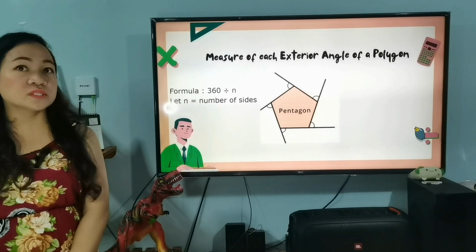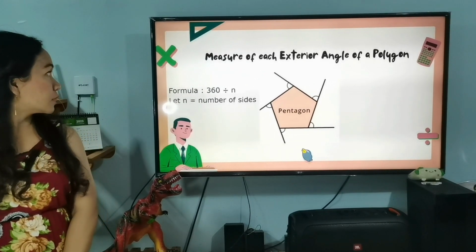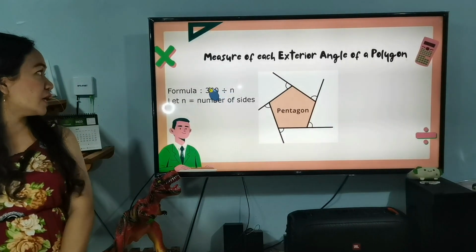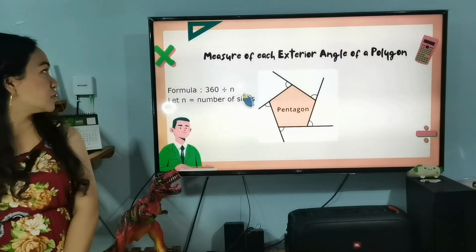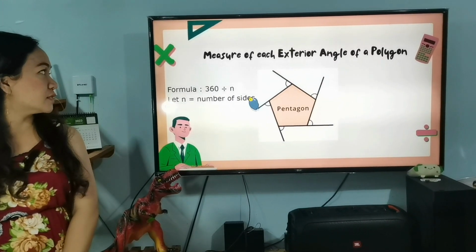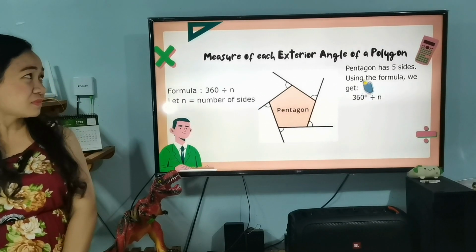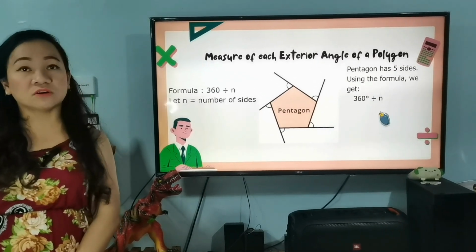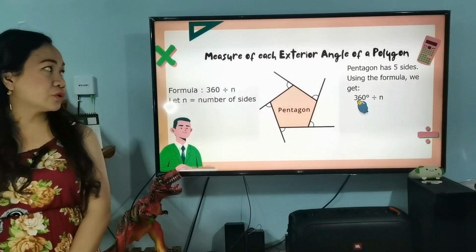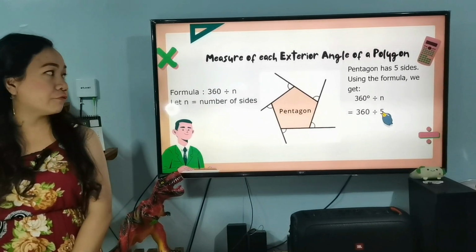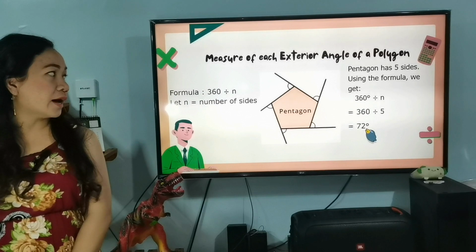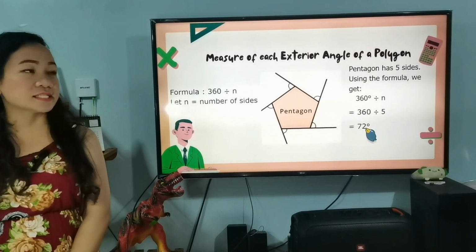So we are going to use the formula: 360 degrees divided by n, where n refers to the number of sides. Since the pentagon has 5 sides, 360 degrees divided by 5, we have 72 degrees.